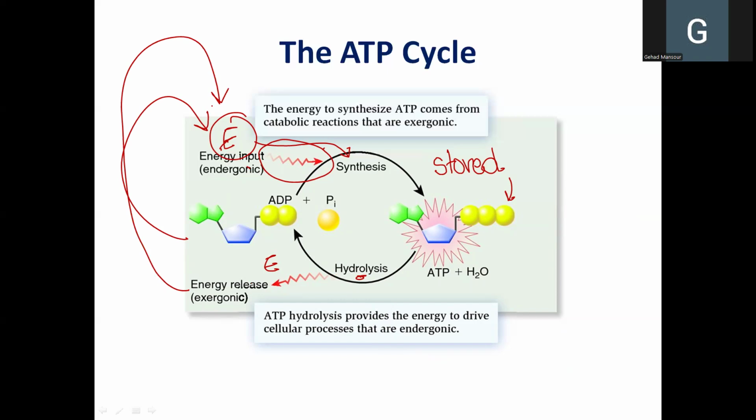Whenever you have an exergonic process that releases energy, you can take this energy to activate an endergonic process. So you are sometimes required on the test to explain statements.